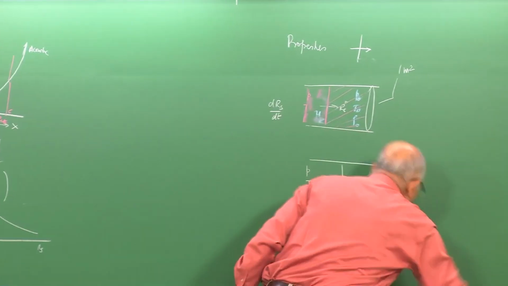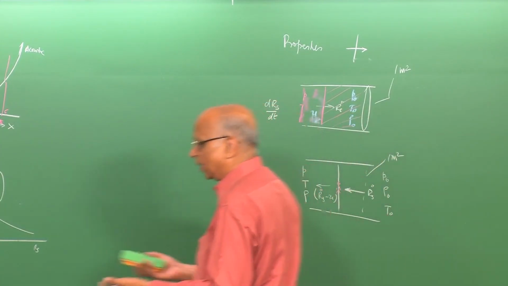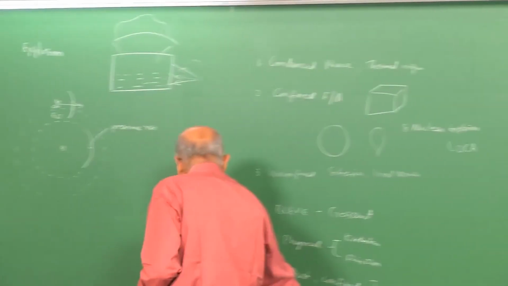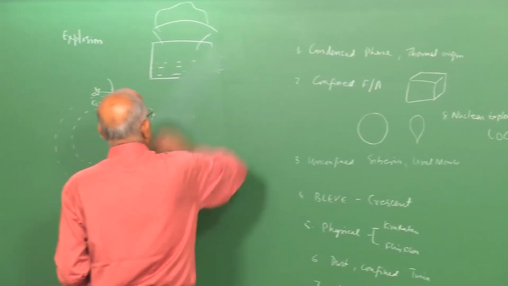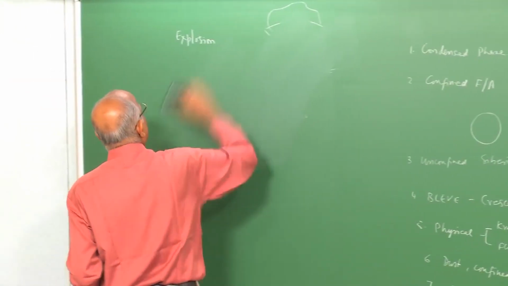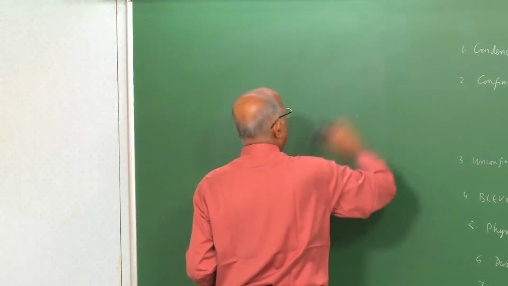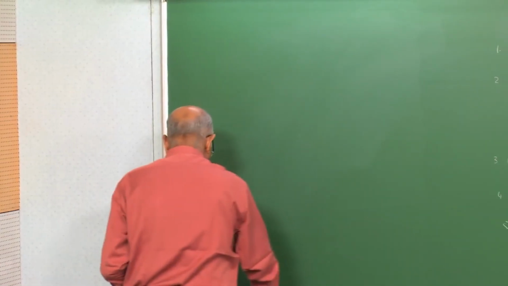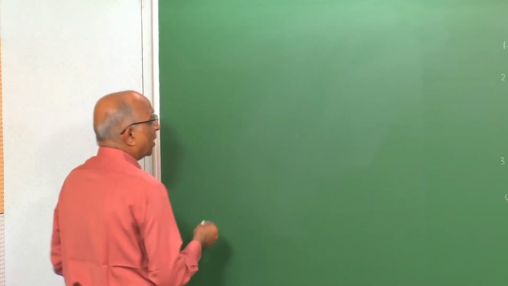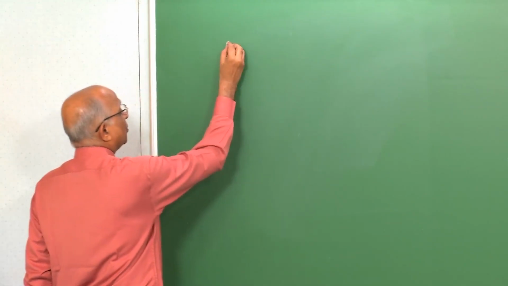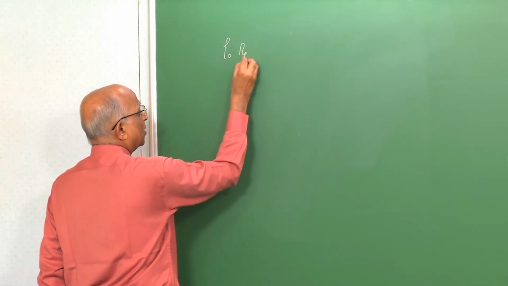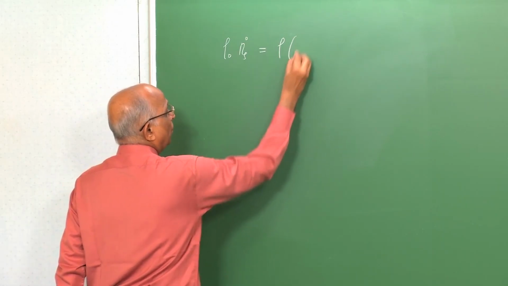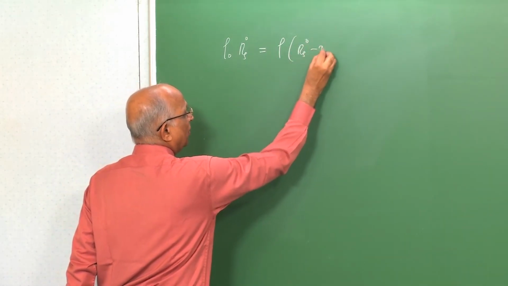So far we have not said what is the medium. The medium could be a solid substance, could be a liquid substance, could be a gaseous substance, could be anything, and therefore, let us write the continuity equation. Continuity equation says that the mass is conserved, rather the mass which is entering the shock, we are studying in the plane of reference of the shock, rho 0 into R_s dot into unit surface area is equal to rho into R_s dot minus u over here.